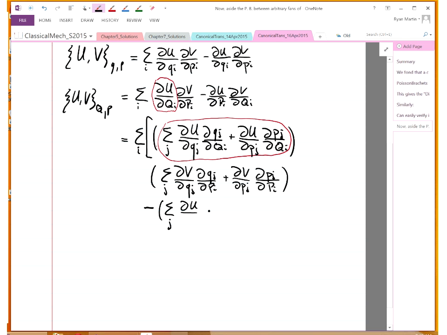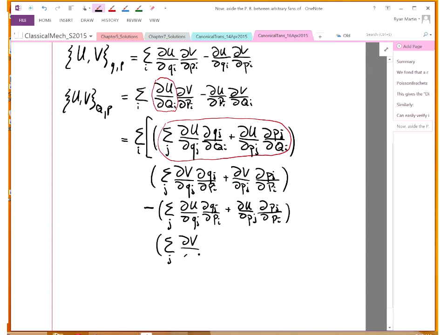So I have the sum over J. Now I have ∂U by ∂q_j times ∂q_j by ∂P_I plus ∂U by the other thing it depends on, so ∂p_j, lowercase p_j, and then times ∂p_j by ∂P_I.